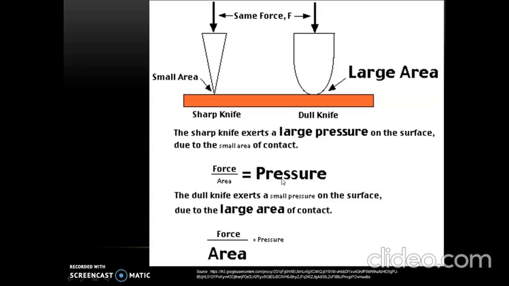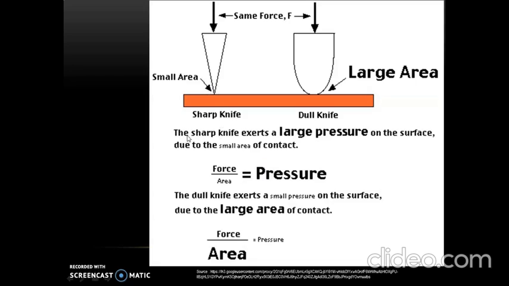We know that pressure is equal to force by area. If area is less, pressure exerted will be more as P is inversely proportional to area. So here area is small, so pressure is more for a sharp knife.